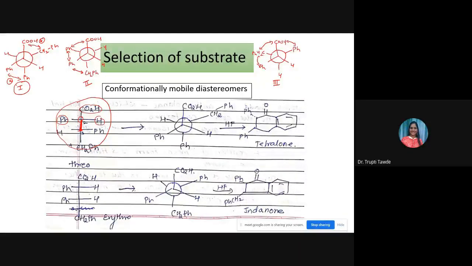So what generally the rule says, suppose you have this kind of conformationally mobile diastereomers, and we cannot even make them rigid by attaching some temporary substituents. So in this case, we consider the most stable conformation of it, and we say that whatever product we are getting is because of that most stable conformation.